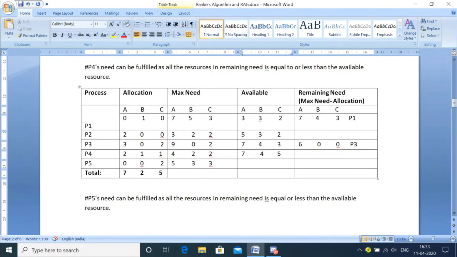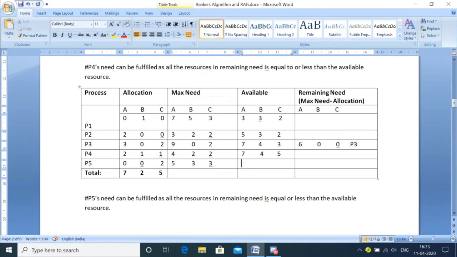I can go. I need 3 instances of C. In stock, how much do I have? 5 instances. So in stock, 2 instances will still be left. So definitely I can go for process P1. Process P1 will be given to the CPU, and whatever resource P1 was holding has to be added here.